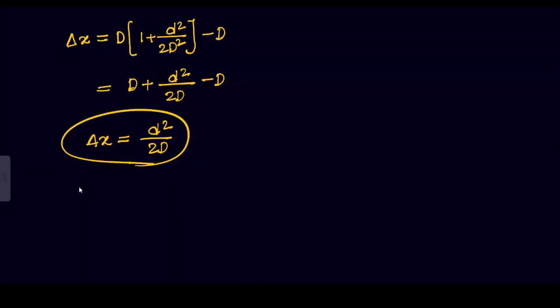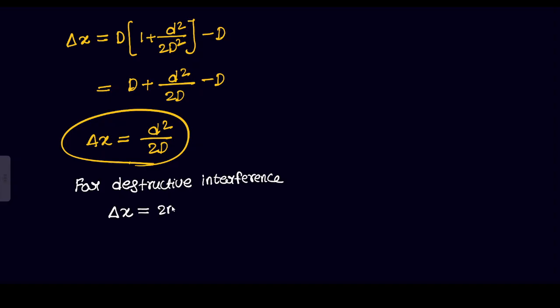So for destructive interference, what is the path difference condition? Delta x is equal to (2n minus 1) lambda by 2. We should equate this to d square by 2D.